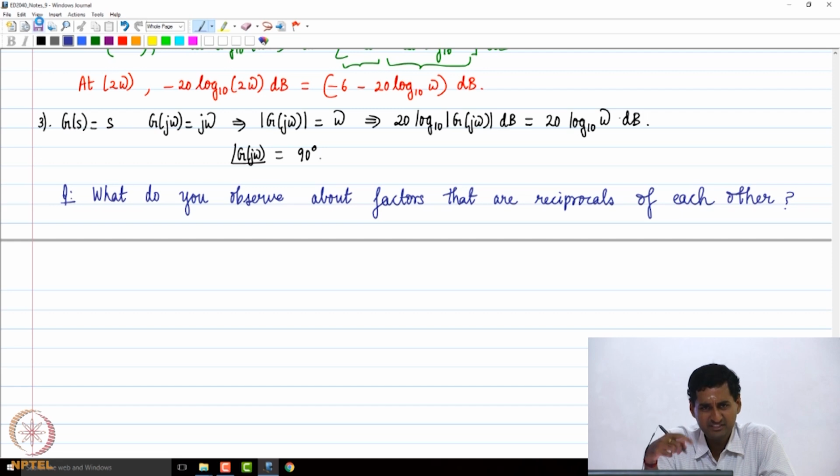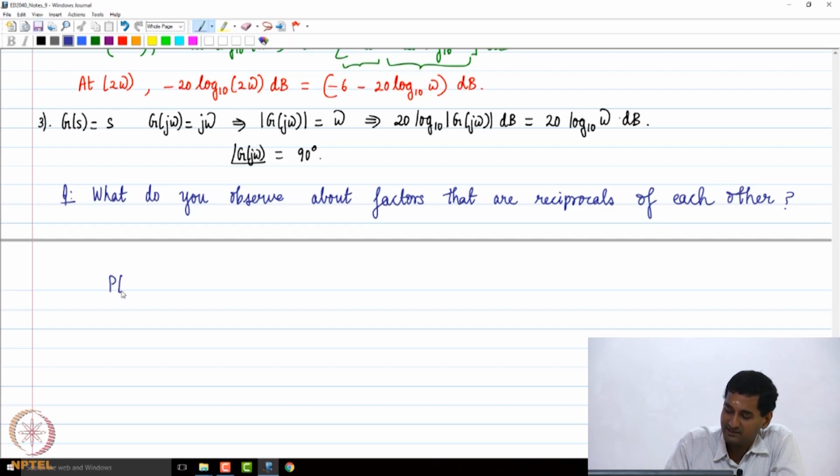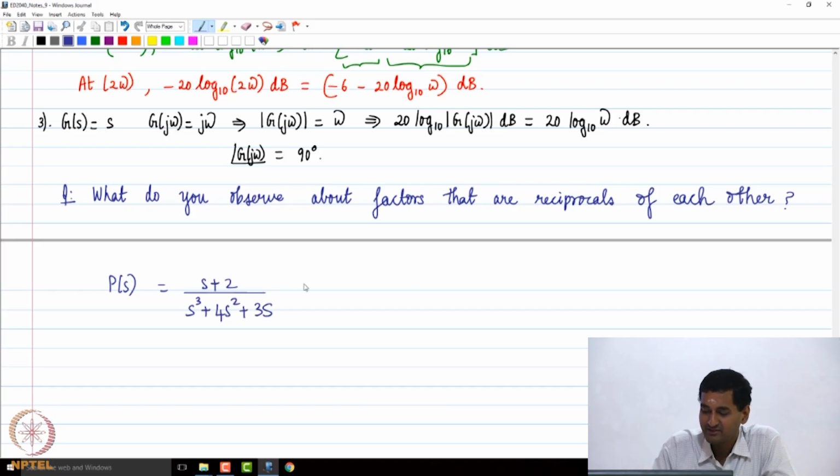Just to convince ourselves that given any particular transfer function, we would be able to rewrite it in this manner, let's consider some arbitrary function, s plus 2 over s cubed plus 4s squared plus 3s.